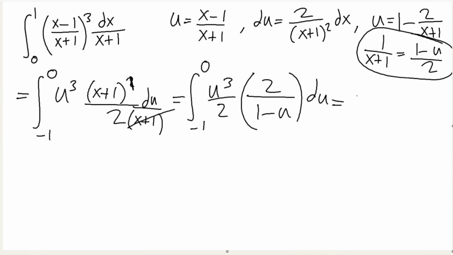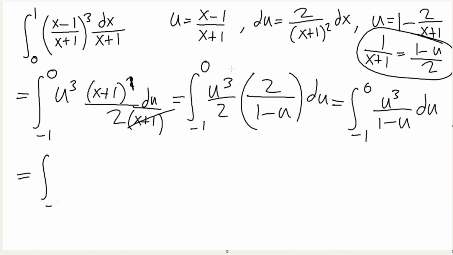This is simply a polynomial division. So now this is equal to, from -1 to 0, that's a 1 minus u. So because it's 1 minus u, everything would be 0? Not 0, negative, sorry.